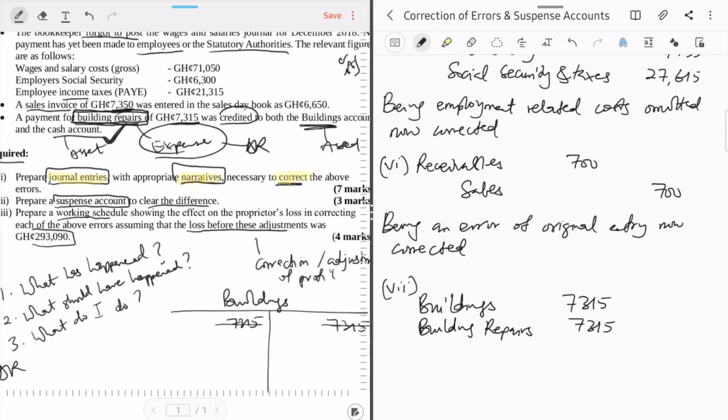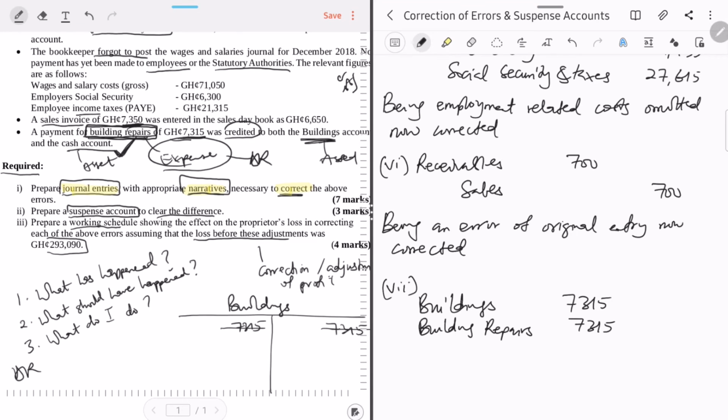No, it's not cash because they said 7315 has already been credited to the cash account. It means that I now have a figure that is in suspense, a figure that I don't know where to send. So suspense. So effectively what goes to suspense will be the sum, or just multiply these figures by 2. So 7315 times 2 will give me 14,630.